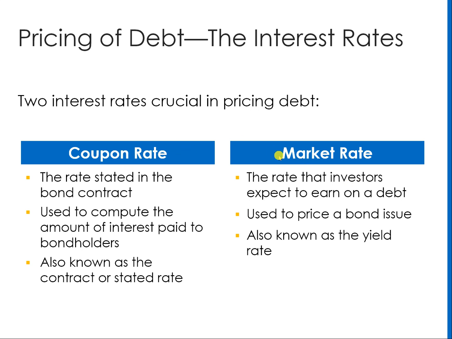In this case, the bond will be issued with a premium because it's a good investment. When the coupon rate is lower than the market rate, you offer lower than what has been expected by investors, then this bond will be issued with a discount. When these two rates are equal, the bond will be issued at its face value. No premium, no discount.